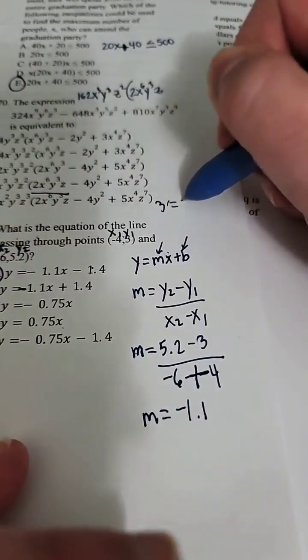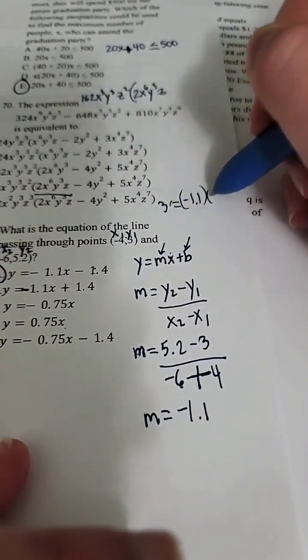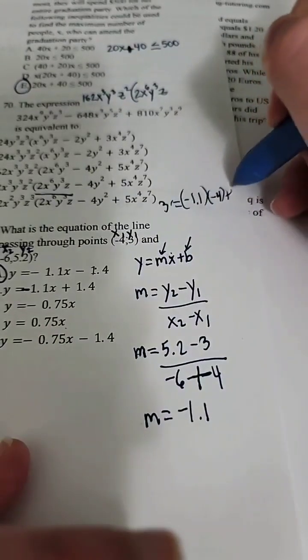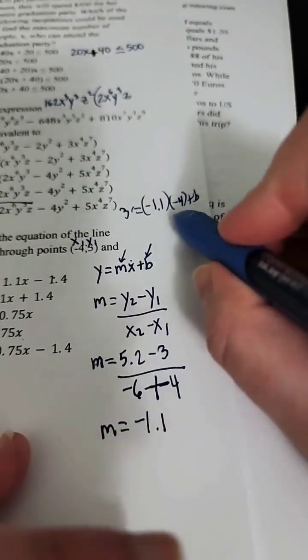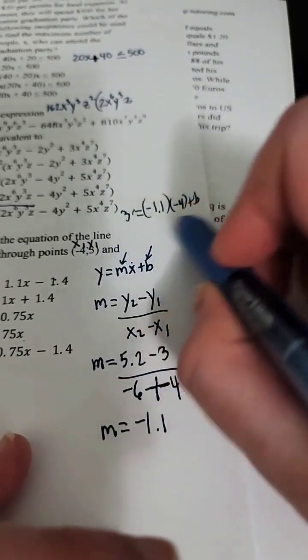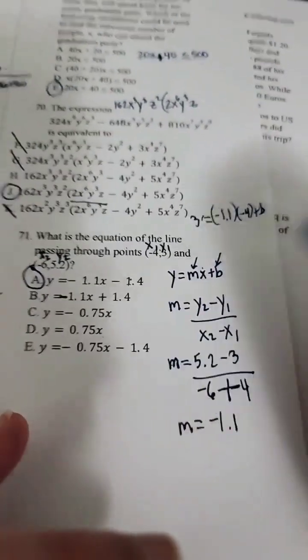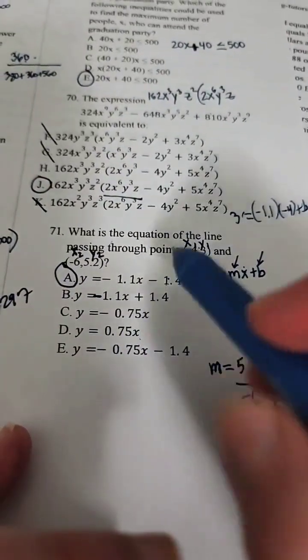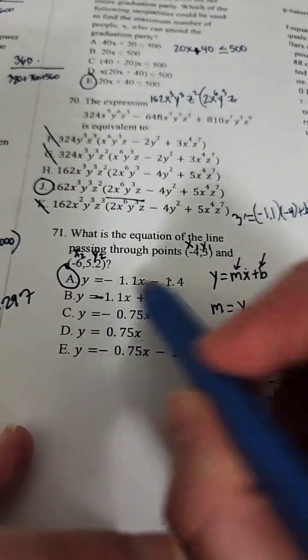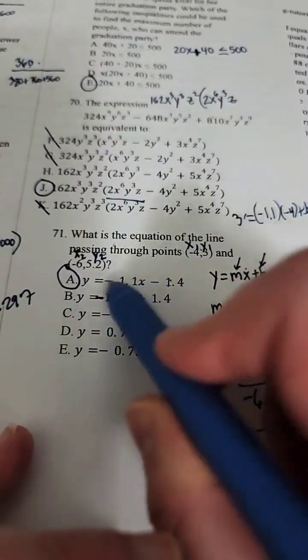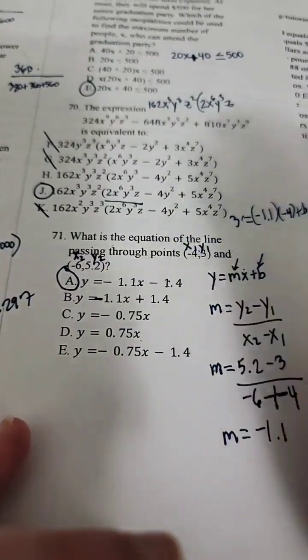So you would say this basically. 3 is equal to negative 1.1 times negative 4 plus b. So then you would just multiply this, and then you would subtract it from each side to find out what b is, this number right here. Or you could just plug this in and see if it works. Like if you plug in negative 4 for x and 3 for y, do you get what you're supposed to get?